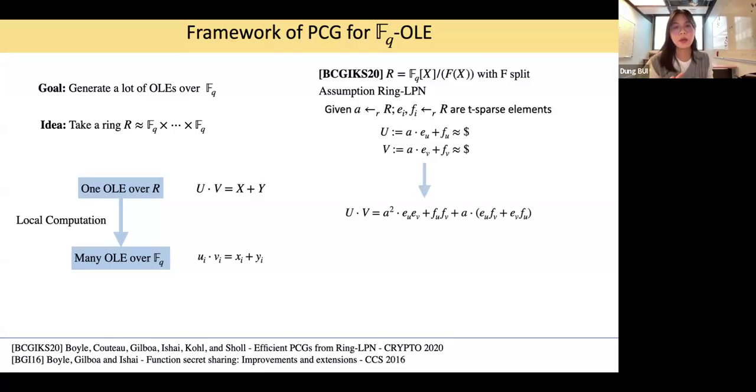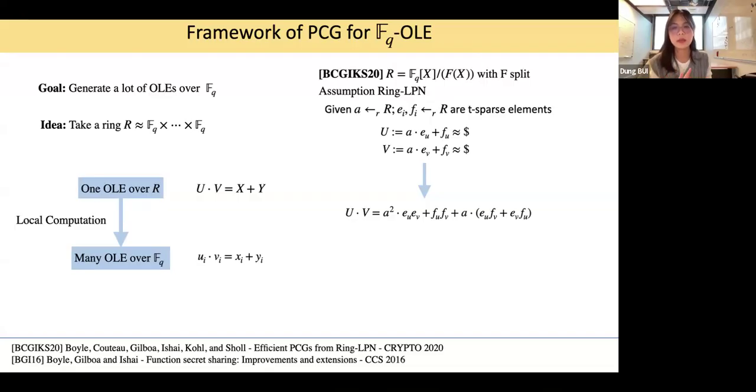So the original work to get the Ealy using the BCG framework comes from the Crypto 2020 paper, where you get the BCG over a ring, and the ring is such that the ring LPN assumption holds.